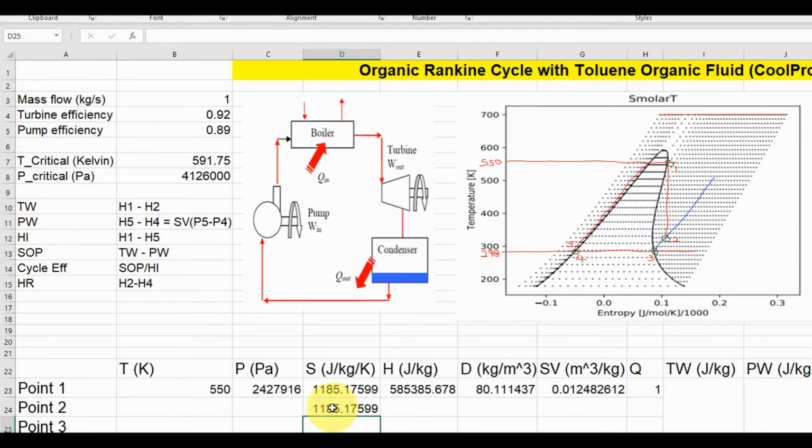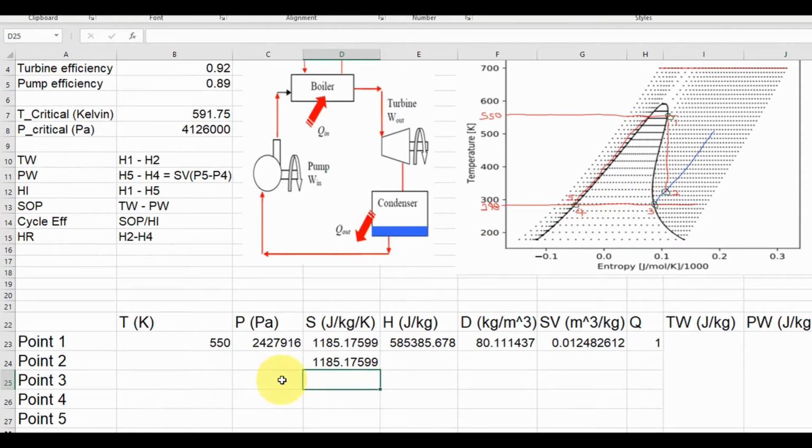Then what else do we know? Okay, again, the pressure at point 4, point 3, and point 2 will be the same. However, we don't know the pressure at the moment at point 4 and point 3, but we only know the temperature. So let's key in the temperature at point 3 and at point 4.